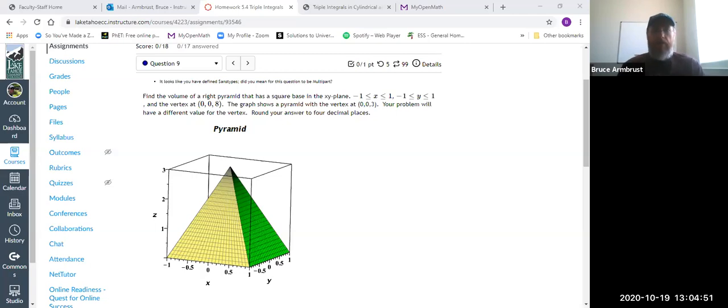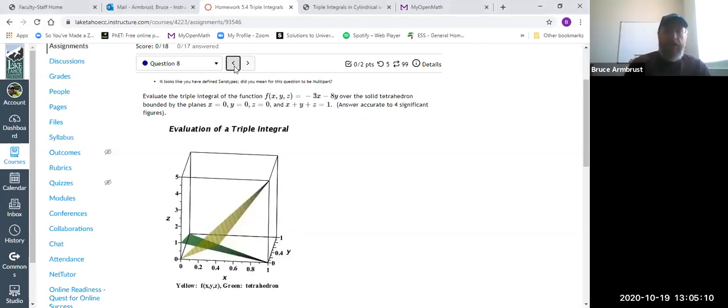All right, so I've got number 9 up. Number 9 here says, find the volume of a right pyramid that has a square base in the plane and a vertex at 0, 0, 8. So that's number 9. Let's just see what the others are real quick. Number 8, we're doing a triple integral over the solid tetrahedron. So this is actually very similar to the one that we did in class.